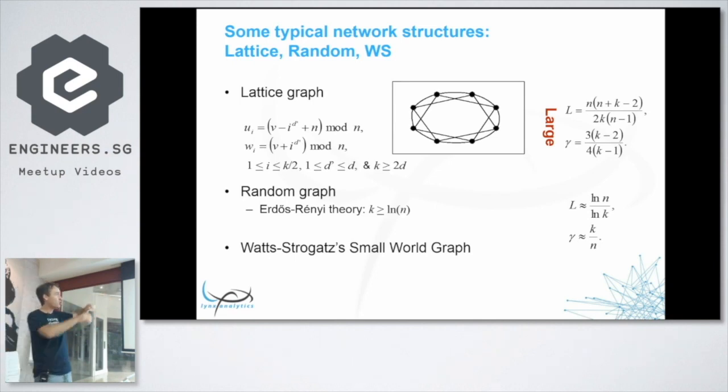In this chain, if the chain is really long, you see there are already a lot of steps to reach any other random place. But the clustering coefficient is also quite large. And in that sense, the lattice graphs are similar to our world, because we also know our friends are knowing each other.